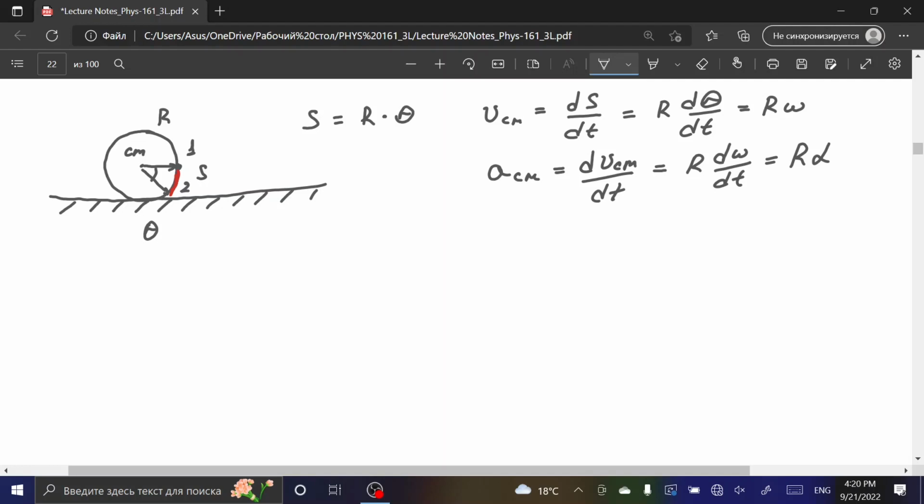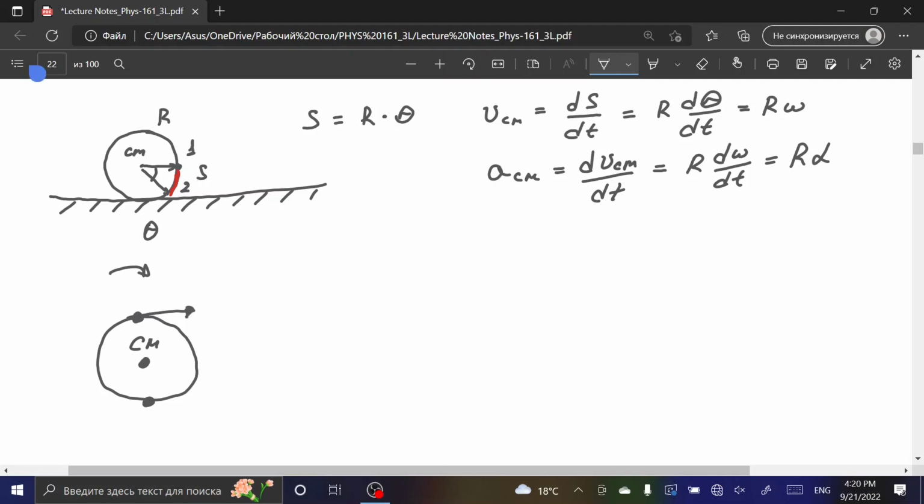So first we have just rotational motion. This rigid body rotates about an axis, which goes through the center of mass. So let's say it rotates clockwise. So in this case, if we consider these 3 points of our interest, there will be the center of mass and these extreme points, the highest and lowest point.